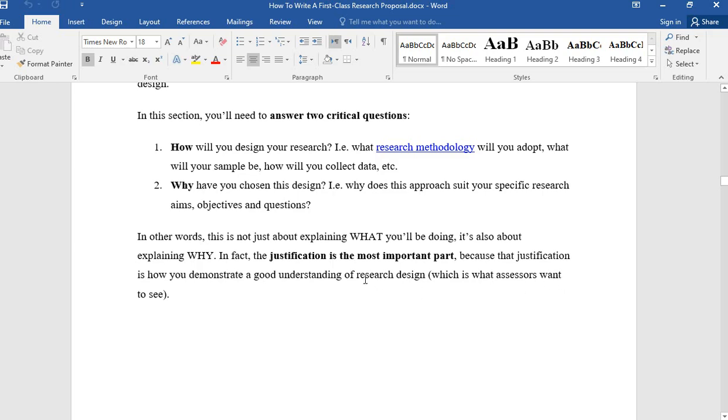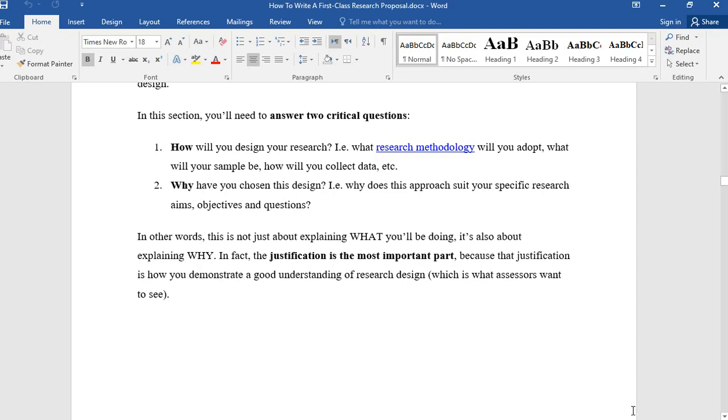In fact, the justification is the most important part, because that justification is how you demonstrate a good understanding of research design, which is what assessors want to see. So you have to justify that this is an important study, and why you're going to carry out this research in this way, with this kind of categories, with these kinds of subjects, and with this kind of procedure.